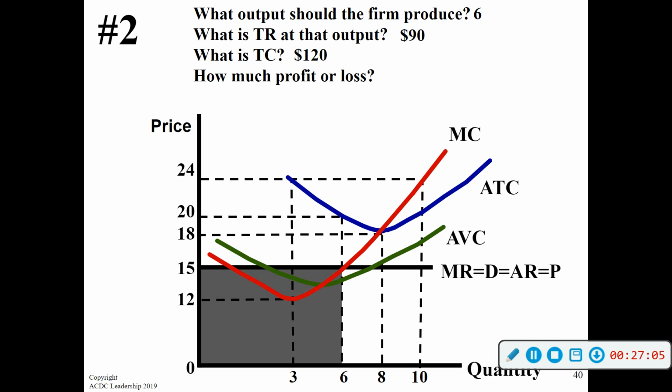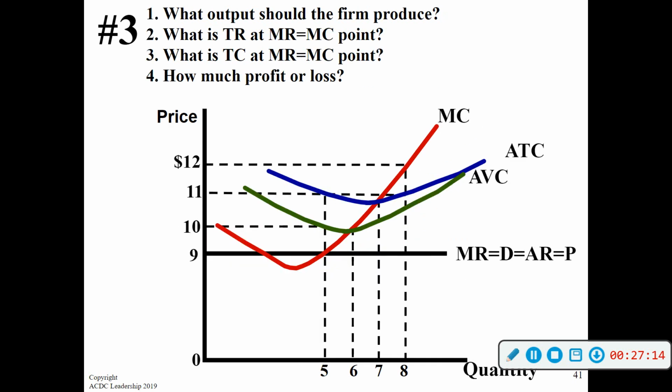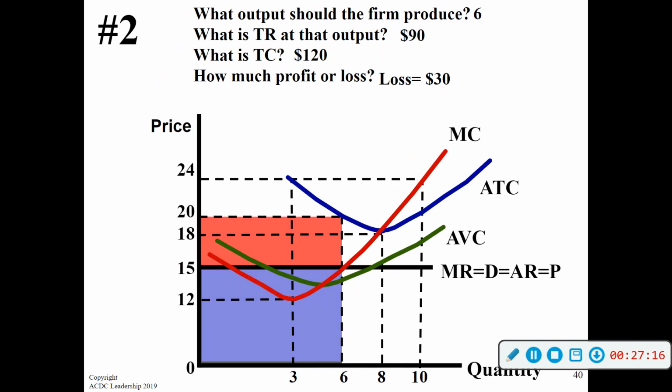So total revenue is 90, total cost is 120, so that's a $30 loss, but they're still going to continue to produce at a loss. Here they're gonna shut down though, right? Because MR equals MC is below the average variable cost.